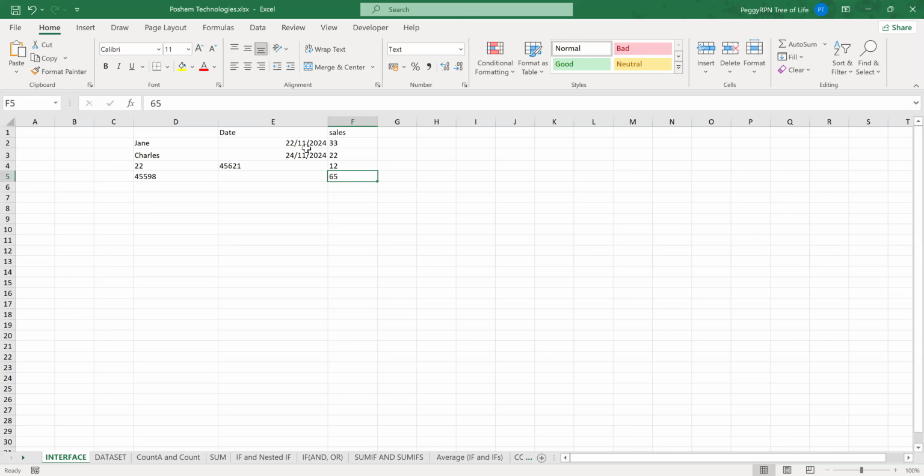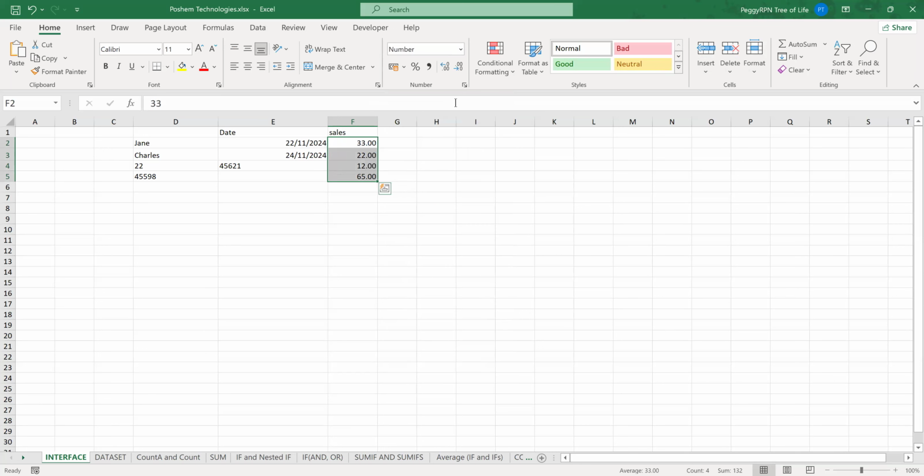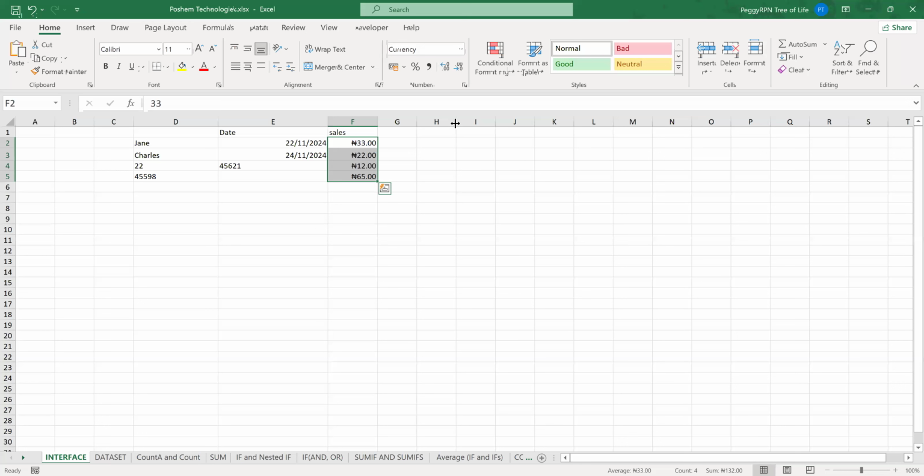So you want to know that your dates and numbers are aligned to the right and text is aligned to the left. So in seeing this, you would definitely know that your numbers are not well formatted. And so you can come here and just click on number, or you can even use currency, however you want it. Then you can use decrease decimal to remove the decimal. And that's it.